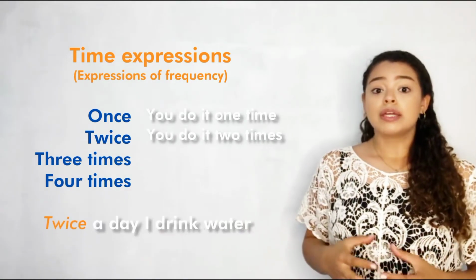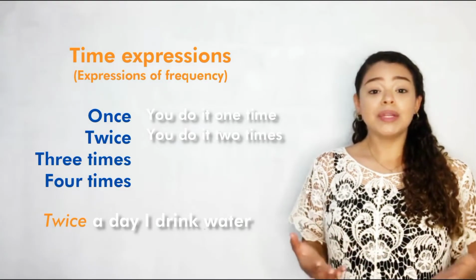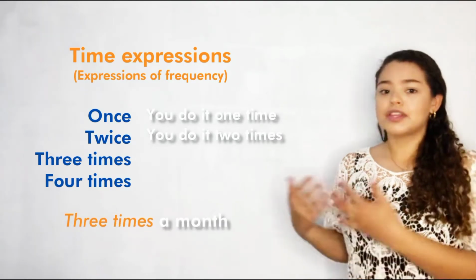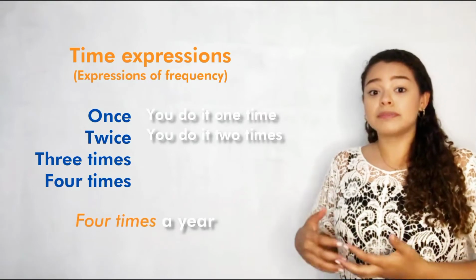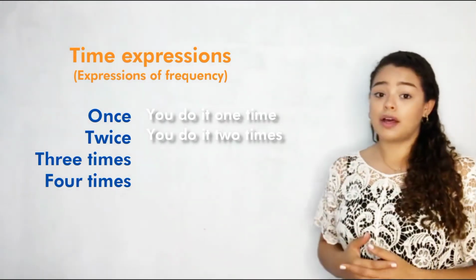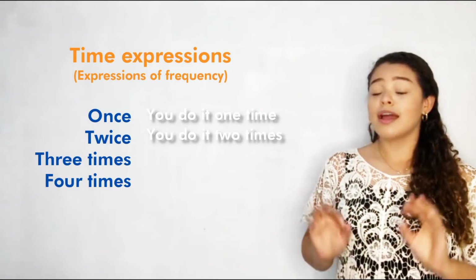So if you say twice a day I drink water, you do this action 2 times a day. Then you have 3 times a month or 4 times a year. So you have these other time expressions for you to answer the question, how often?